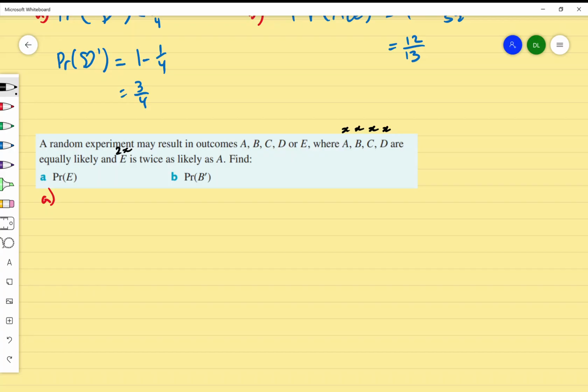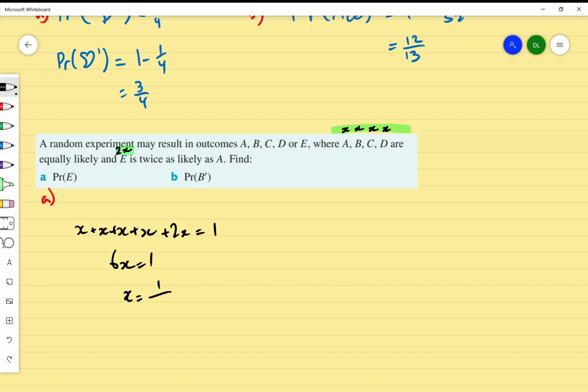Now I mentioned earlier, you might notice that we have to have the probabilities adding up to 1. So theoretically, x plus x plus x plus x, so that's from this section here. Now we need to also add this section here, because that's involved as well, plus 2x, equals to 1. I can simplify the left hand side and end up with 6x equals to 1, which ultimately ends up with x equals to 1 over 6.